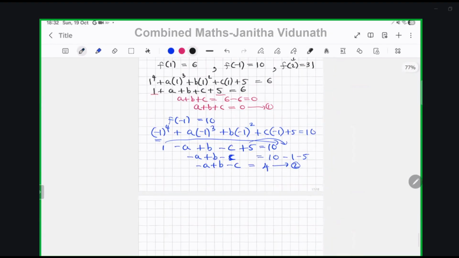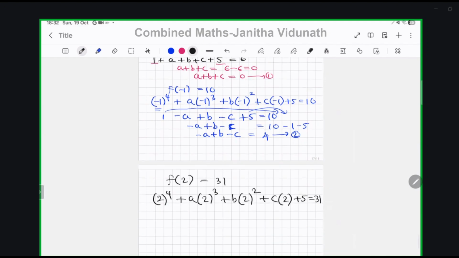Also, we know that f(2) should be equal to 31. That means 2 to the power 4 plus A times 2 to the power 3 plus B times 2 to the power 2 plus C times 2 plus 5 needs to be equal to 31. 2 to the power 4 means 16, plus 8A plus 4B plus 2C plus 5 is equal to 31. 16 plus 5 means 21.